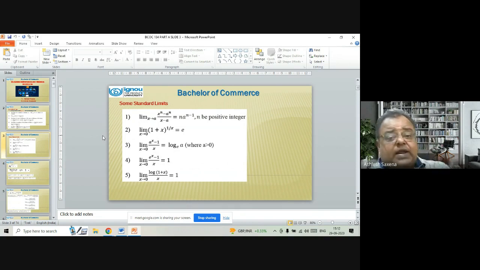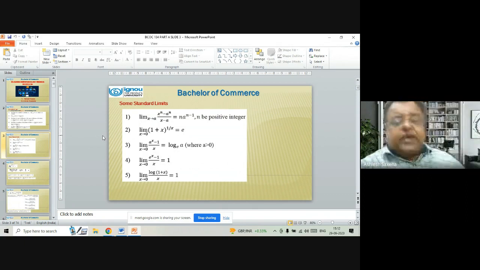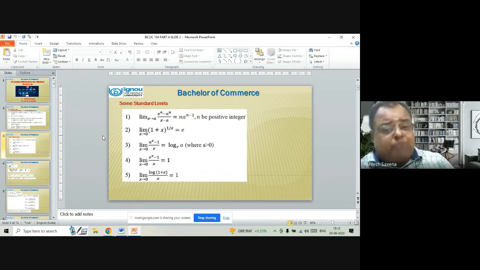Now we have limit x tends to a, x raised to the power n minus a raised to the power n upon x minus a. Its answer will be n times a raised to the power n minus 1. Don't be worried about it. I will be discussing the problems later after discussing these 5 points.